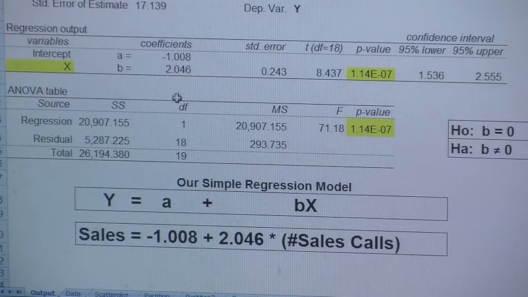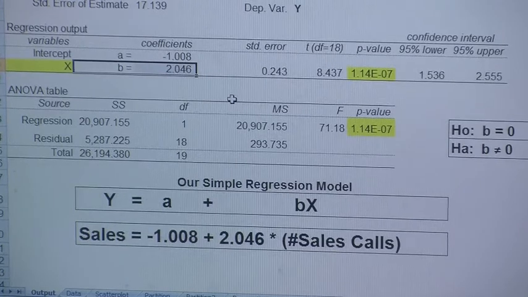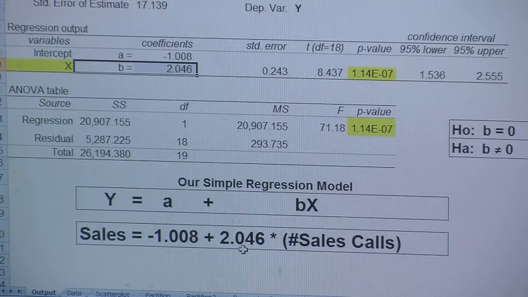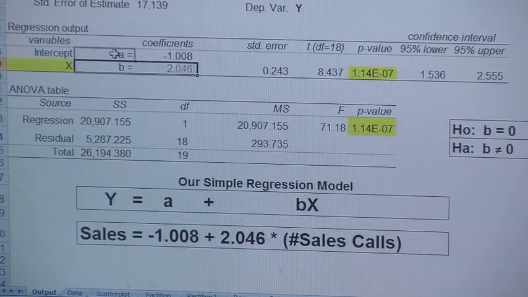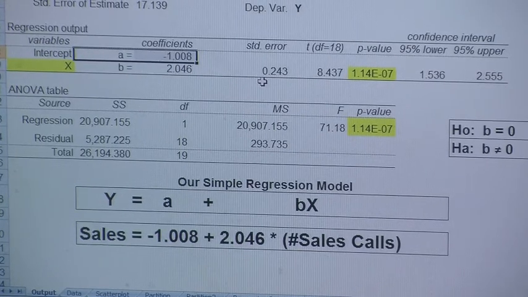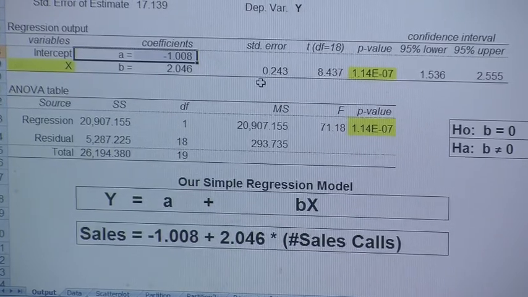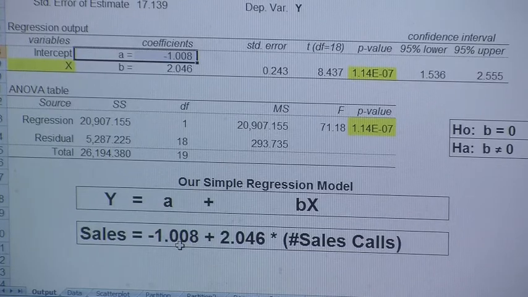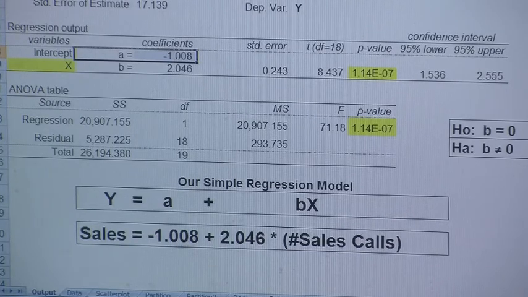Okay? Up here, you see that our predictor for B is 2.046, and thus 2.046 down here in our regression model. You see here that our predictor for our y-intercept, A equals minus 1.008, and that's why we insert the value minus 1.008 here in our regression model.